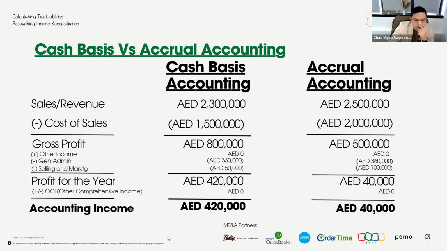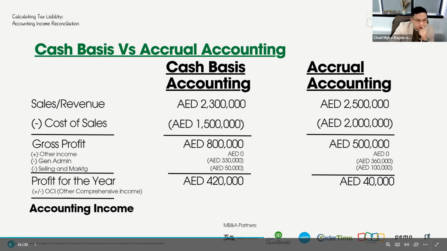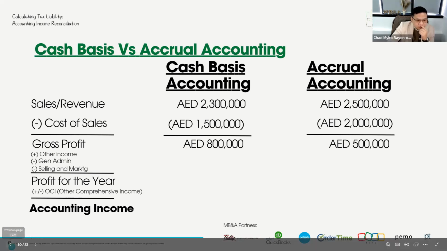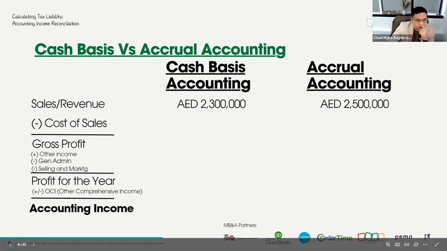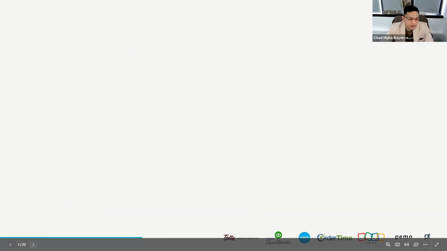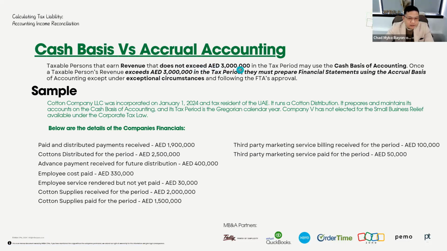Again, here, the requirement is you could follow the cash basis accounting if the revenue does not exceed 3 million.